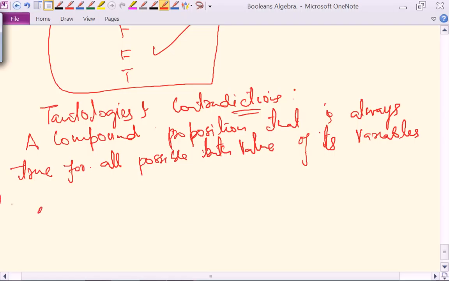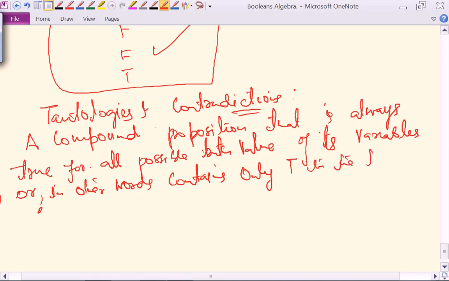So that's why I'm writing here: definition. Or you can see any book, or in other words, one that contains only T, meaning truth, in the last column of its truth table, is called what?